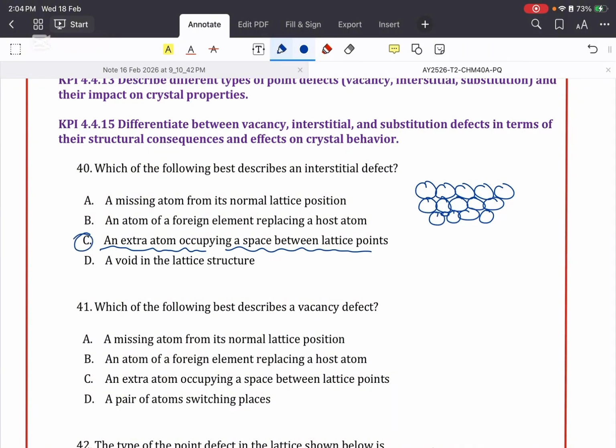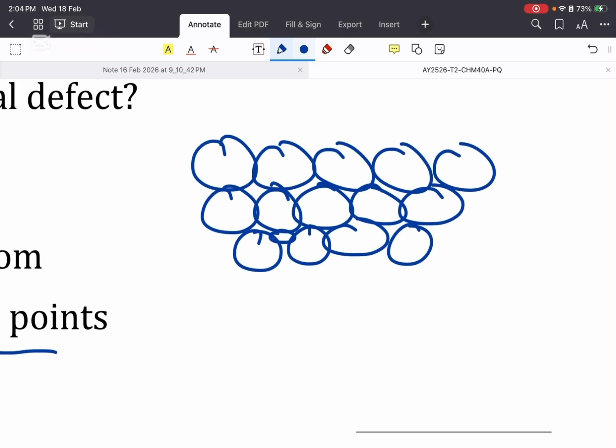Okay, which of the following describes a vacancy defect? Vacancy defect, like the name says, means that there's an atom missing. So for example, in this structure, let's say here, there's an atom missing. It's empty like that.